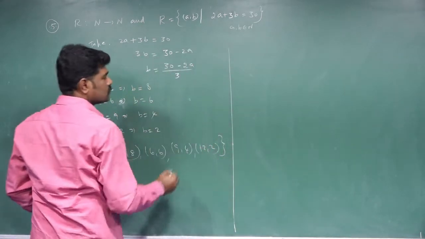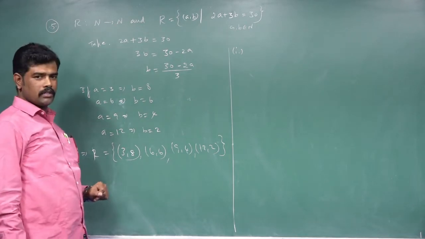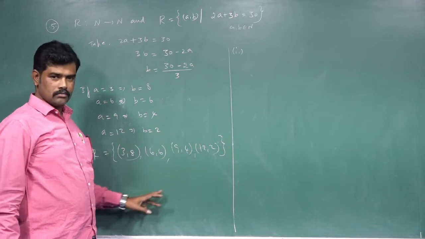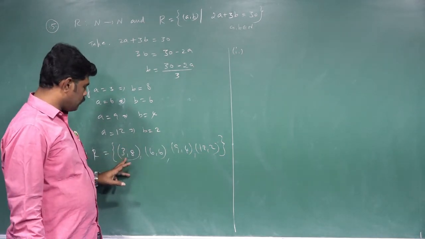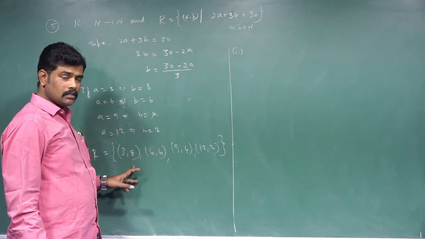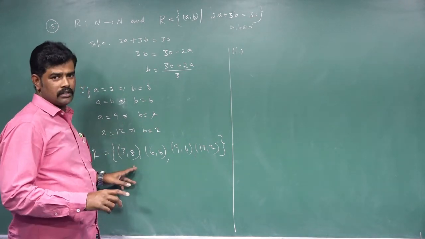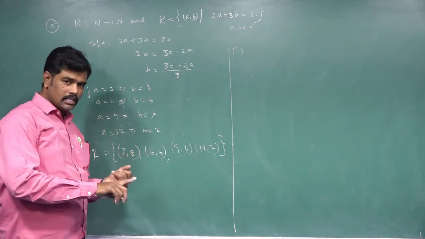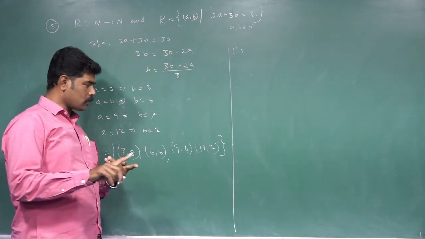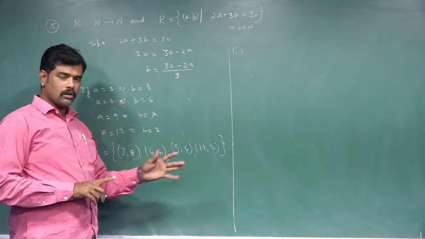Now the first case: is this reflexive or not? Surely this is not reflexive. If 3 exists in the pair (3, 8), then surely (3, 3) should be there, and (8, 8) also should be there. But (3, 3) is not here, (8, 8) is not here, (9, 9) is not here, (4, 4) is not here, (12, 12) is not here, (2, 2) is not here.